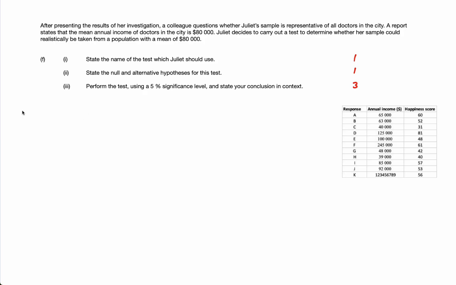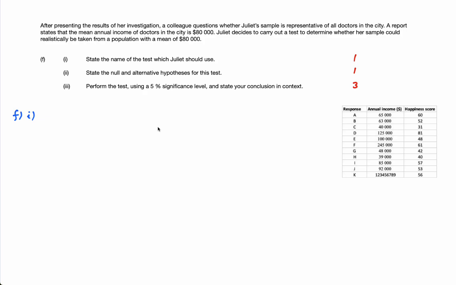So the hypothesis test is testing means. It's comparing the mean of the sample to the mean of the population. She wants to see, is it realistic that you get these answers if you were taking it from a population with mean 80,000?